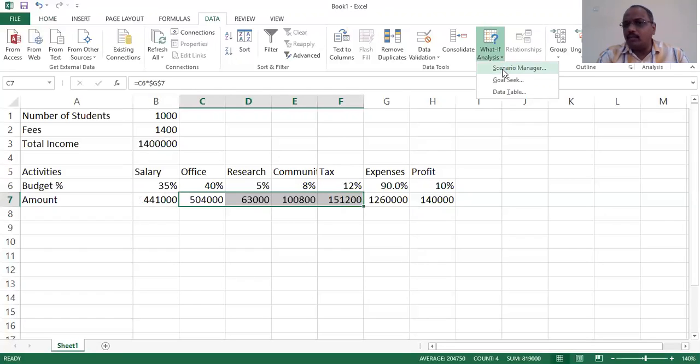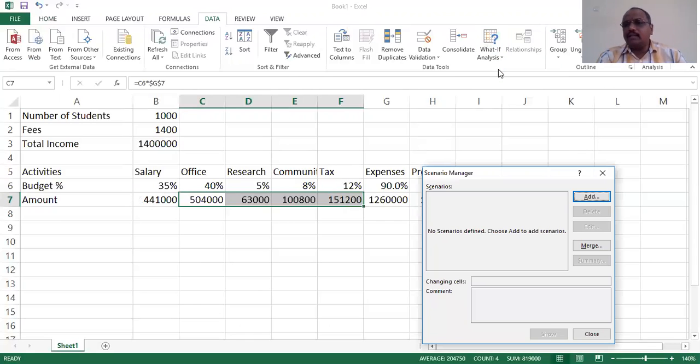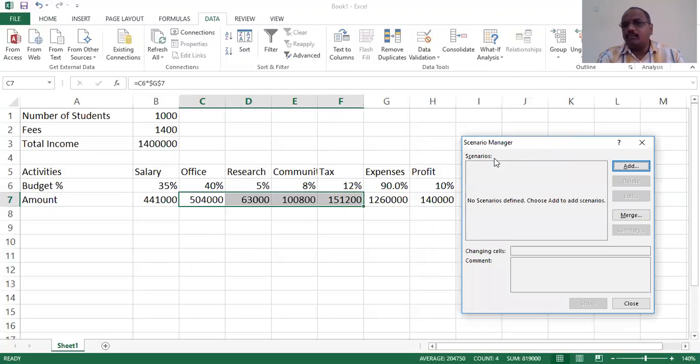One is called Scenario Manager, one is called Goal Seek, and one is called Data Table. In this video, we are going to discuss how to use Scenario Manager, because we are having three different scenarios. Each and every scenario we are going to use, and we are going to find the values. When you click Scenario Manager, it will ask what scenarios we are going to make.